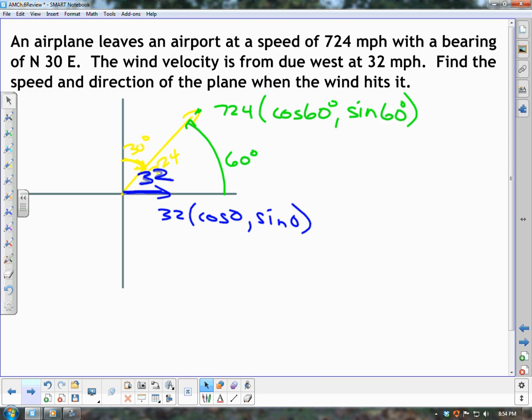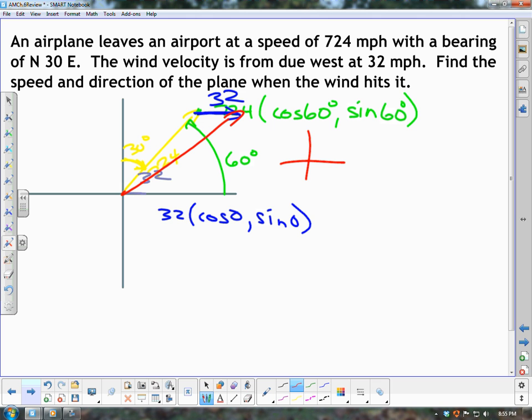And so then if you take that and move it up here, this is the actual plane where it's actually flying because the wind is going to push it. And so you have to take these two things and add them together.